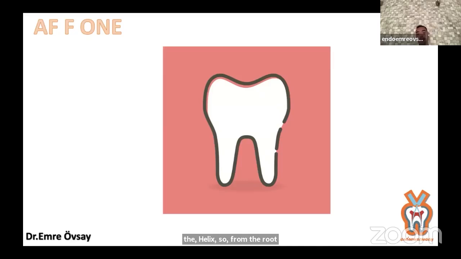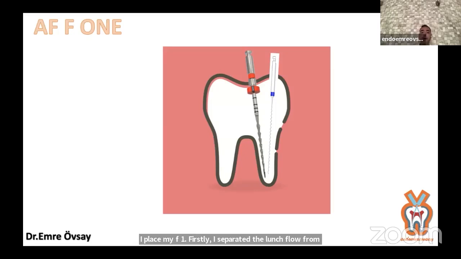But I have F1 in my pocket, so imagine that the helicoidal lentulo is stuck inside the root canal. I place my F1. Firstly, I separated the lentulo from the gutta percha counterclockwise. Then I turn with 500 RPM clockwise.